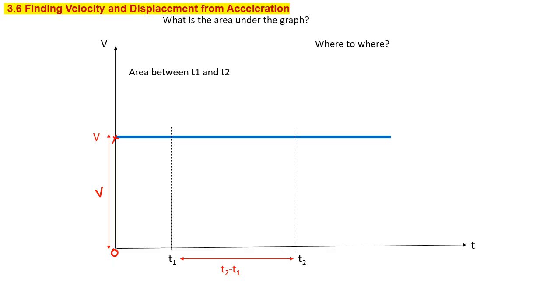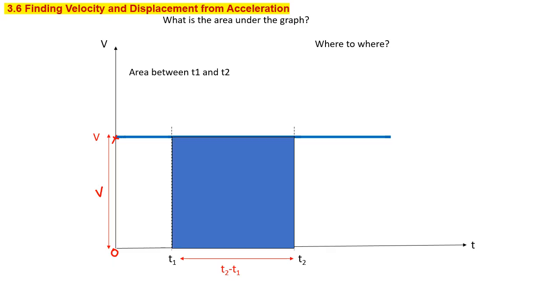How to find the area here? The area between t1 and t2 is this blue shaded area. It's a rectangle, right? So it is v multiplied by this length, t2 minus t1, which is v delta t. And from the definition we know what v delta t is.